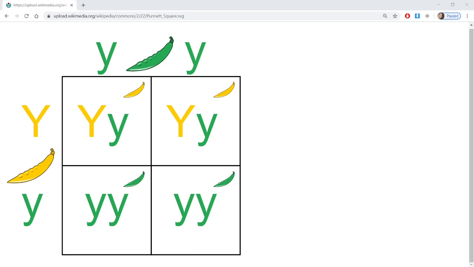So a genetic cross is what we have to do if we want to try and predict the characteristics that some offspring are going to have. So if you've got two parents, they could be animals, they could be plants. Obviously humans are animals, so you could do this for humans as well. You know what characteristics your two human parents have, or your two animal parents have, or your two plants have.